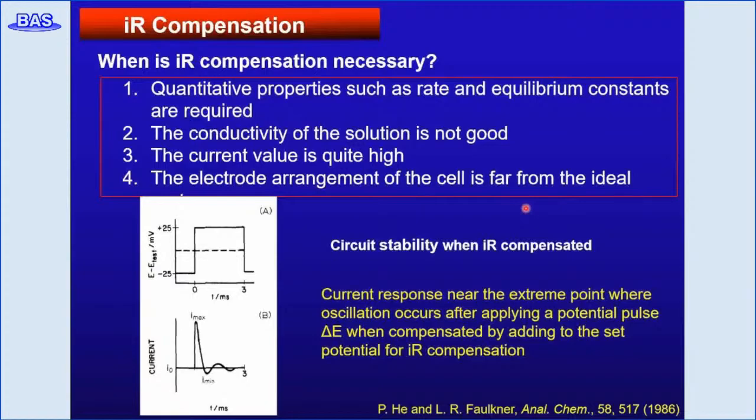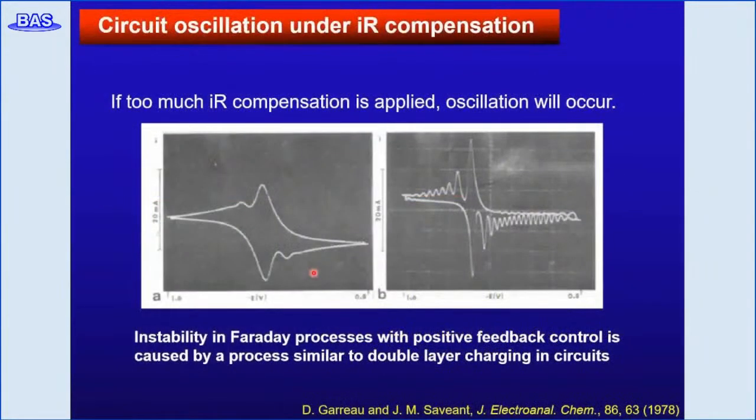Circuit stability is also important when performing IR compensation. Sometimes oscillation may be induced by potential change when positive feedback is applied. Here's an example of circuit oscillation under IR compensation.